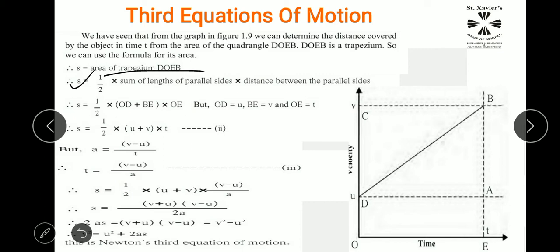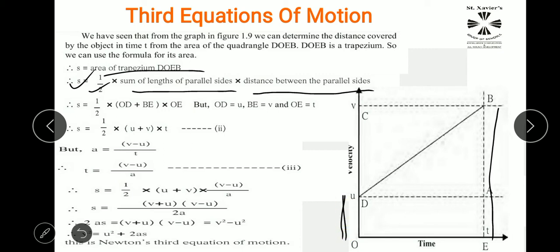As a trapezium, we can calculate the area by the formula: area of DOEB, that is the trapezium, is equal to half into the sum of parallel sides into the distance between the parallel sides, students. Now the sum of parallel sides means OD plus BE. OD is U and BE is V, students.